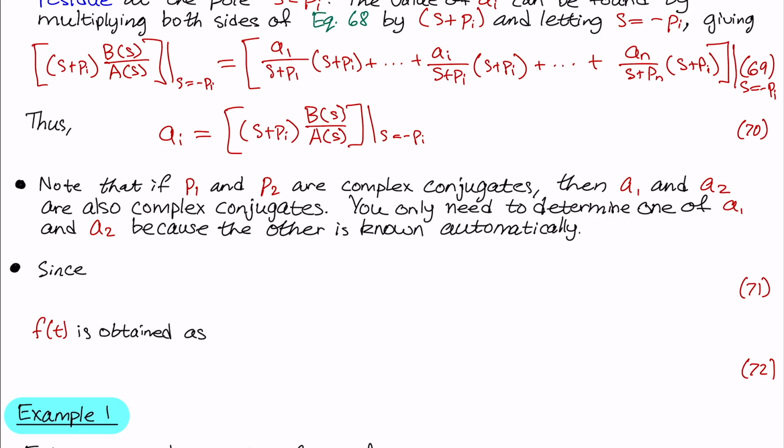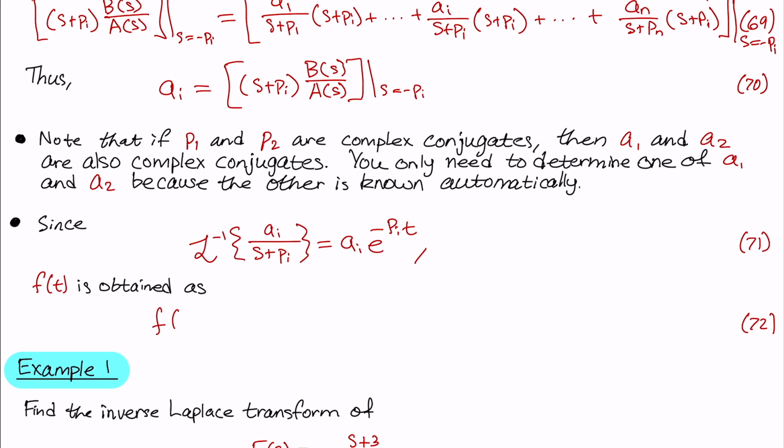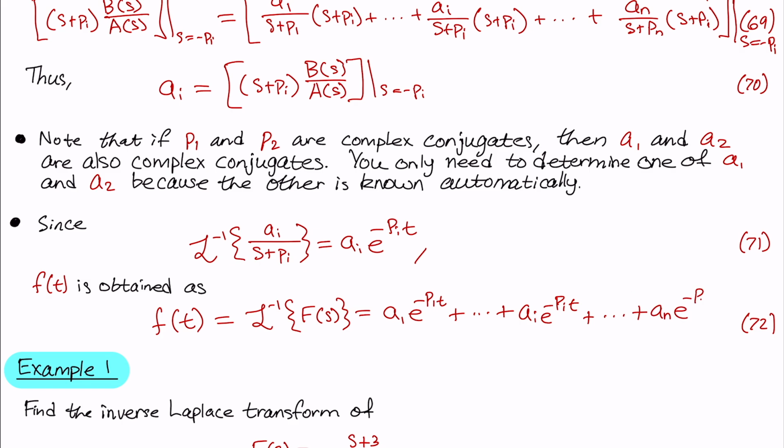So the benefit of this partial fraction decomposition is that when we go to take the inverse Laplace transform of ai divided by s plus pi, this is equal to a sub i times e to the minus p sub i t, such that our function f of t becomes equal to, again, the inverse Laplace transform of its Laplace transform, which is then equal to some a1 e to the minus p1 t, plus dot dot dot, plus ai e to the minus pi t, plus dot dot dot, and plus an e to the minus pn t.